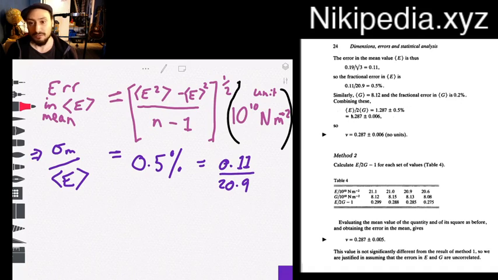Combining these into that formula given, we get mean E divided by 2 mean G, minus 1, equals 0.287 plus or minus 0.5%, and we get that as a value: 0.287 plus or minus 0.006.